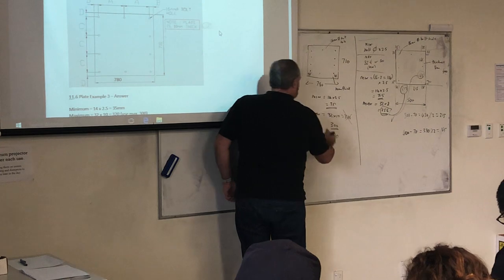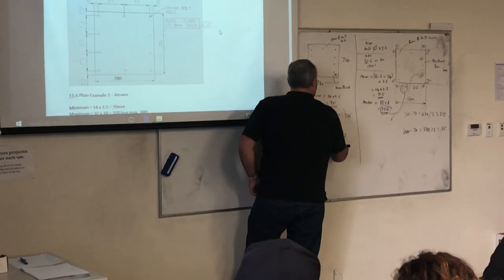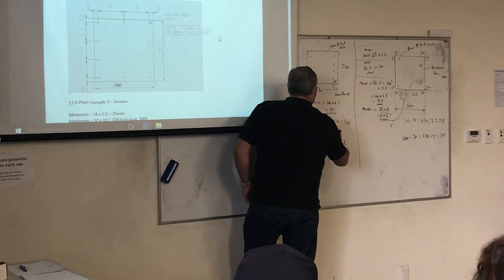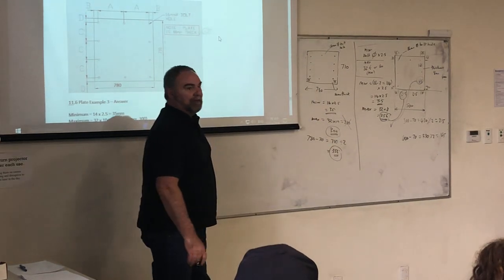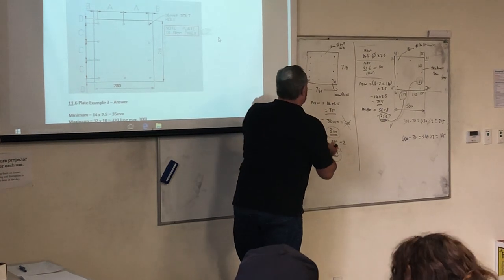There's two gaps, divided by 2 equals 355. So it's too big, exactly. We've got a problem. So we have to take it back to 300.